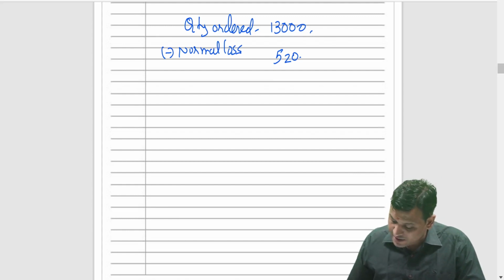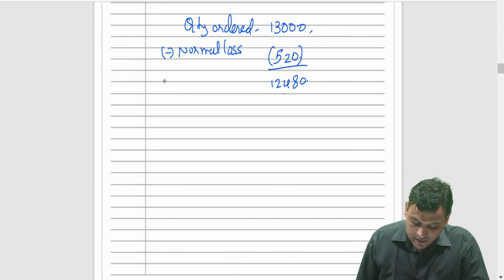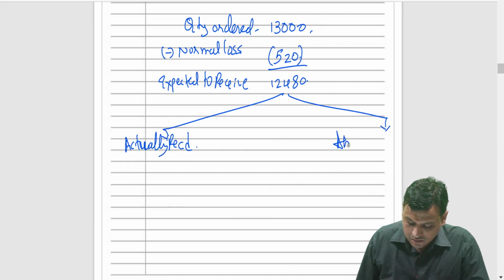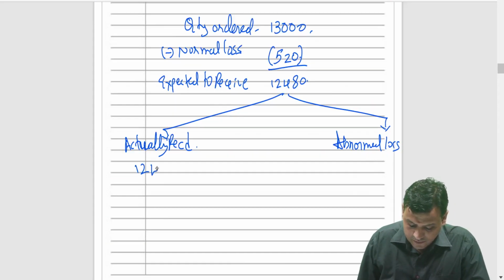So how many units will I be receiving? 12,480 expected to receive. Out of 12,480, how much did I receive? 12,400. It means there is an abnormal loss.